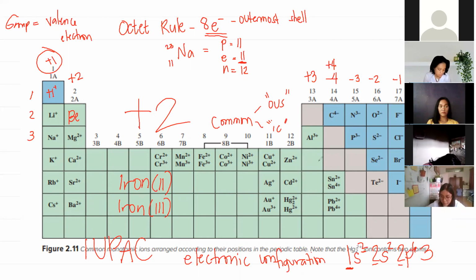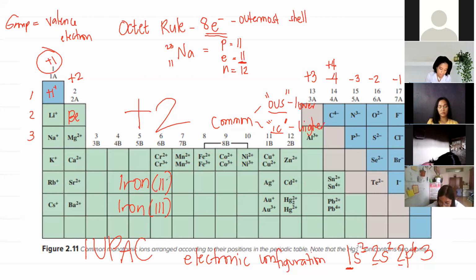I hope you can still remember this from high school. Sometimes an element name ends in OUS, and sometimes in IC. This is applicable to elements with two charges. The OUS is the lower charge and the IC is the higher charge.